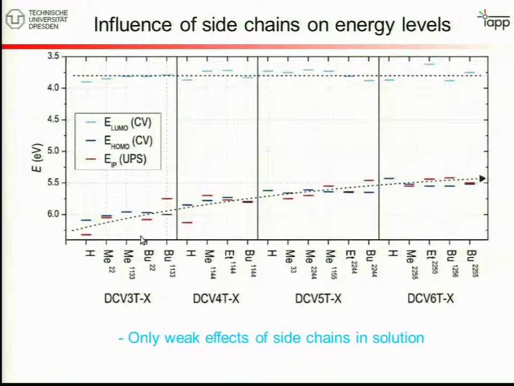Now let me come back once more to the morphology for these small molecule systems. Here again, you see this energy shift with the length of the molecule, but you also see how these side groups change the energy in solution. The light blue, there's not much difference, but if you go to the thin films, you have significant shifts of half an electron volt or more due to the different morphology.